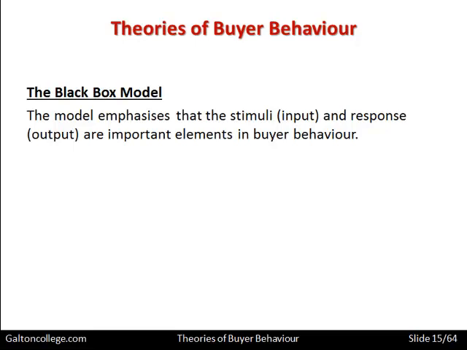We know that we have influences, market influences. We know that the marketing department and their initiatives affect us as consumers. We know that we need to be told about the product and its attributes and its desirability and so on. We need to know about the price and its availability, where it is. But then we process it and we make a decision as to whether to buy it or not.